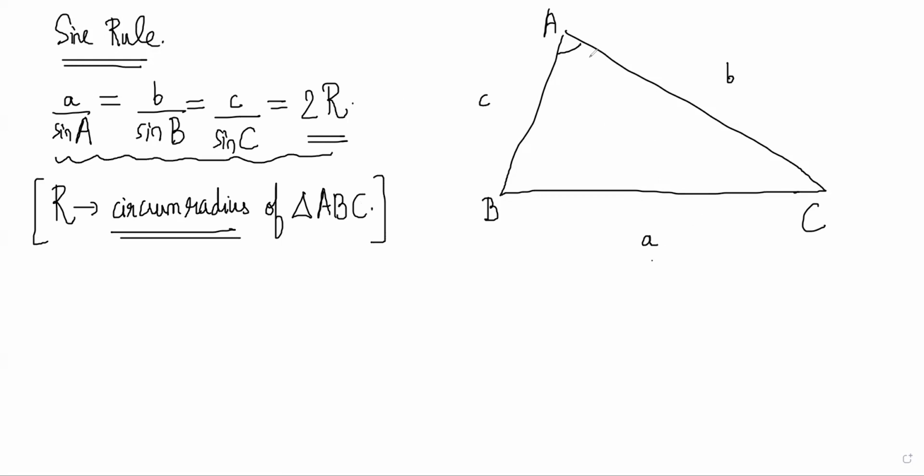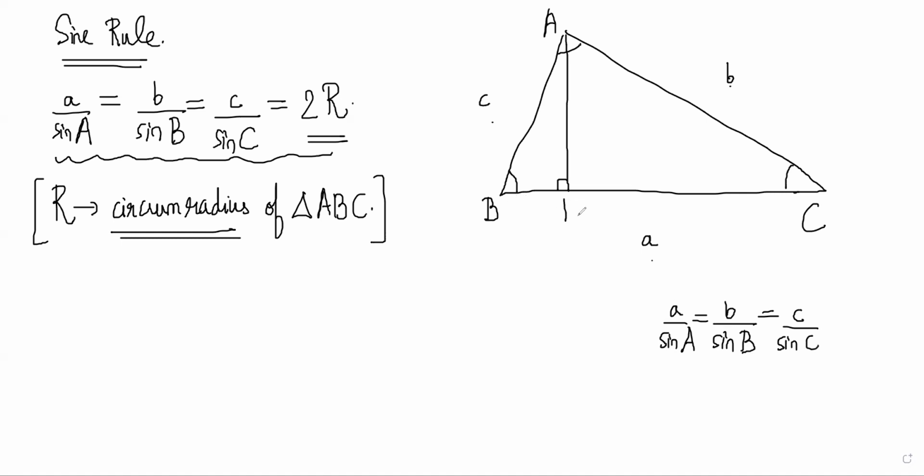It is like A by opposite angle, sine A, right? B by sine B and C by sine C is equal to 2 capital R, right? Yes, sir. Now, it is very easy to show the basic fact that A by sine A is equal to B by sine B.